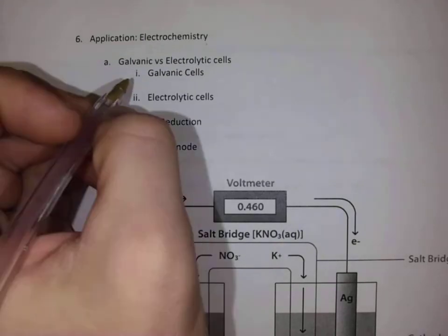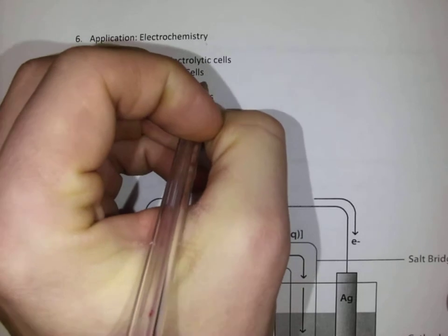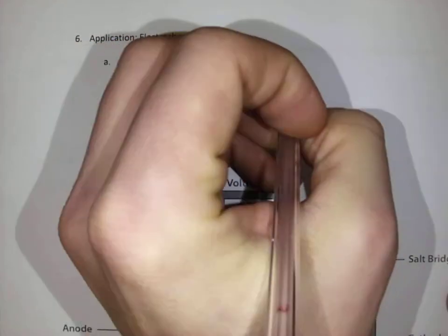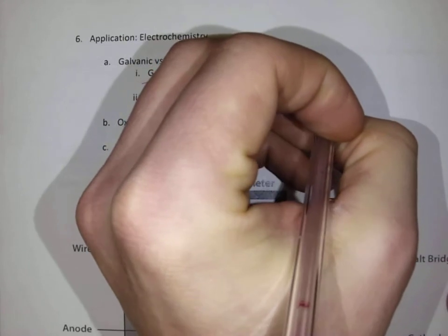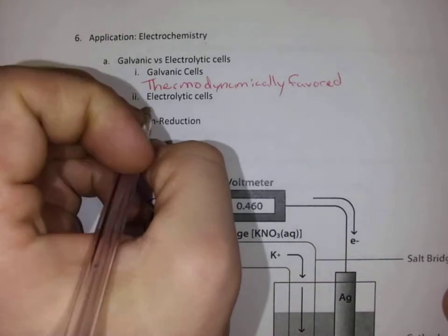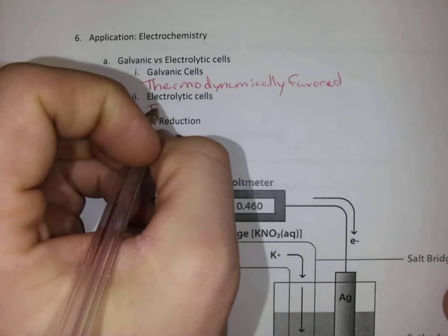Galvanic cells are thermodynamically favored. They are reactions that are thermodynamically favored. We don't have to do anything to make the reaction occur. An electrolytic cell is thermodynamically disfavored.